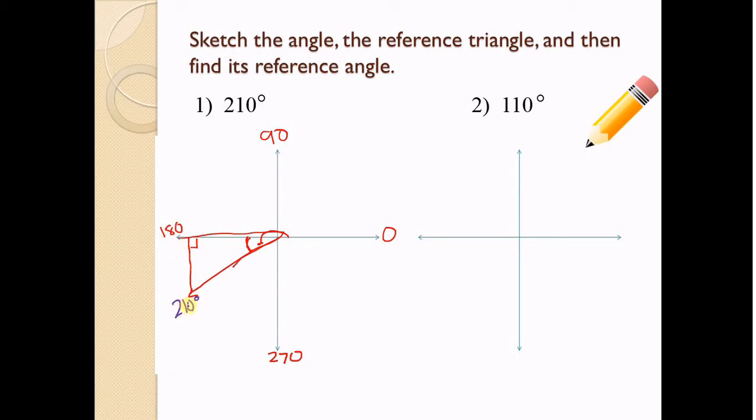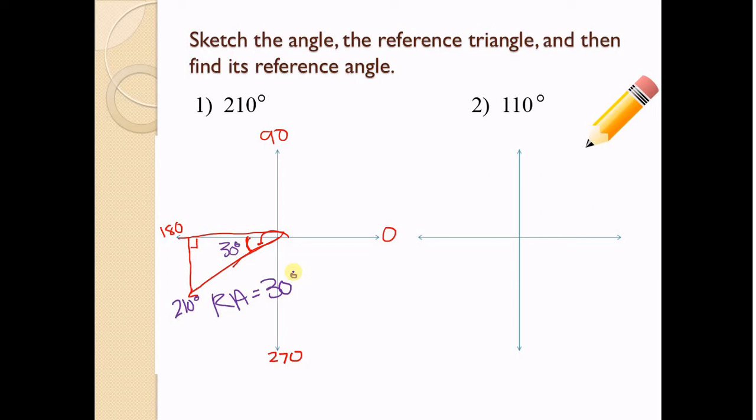Well, from 180 to 210, how many degrees is between that? 210 minus 180, I'm going to get 30 degrees. So that is my reference angle, 30 degrees. It's how many degrees are between one of the 0, 90, 180, or 270 and the angle that you created.